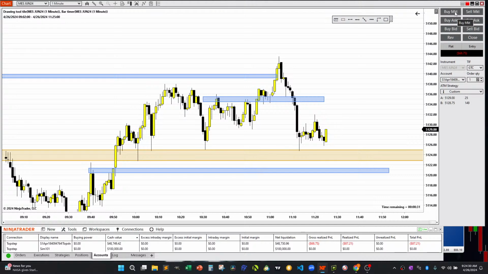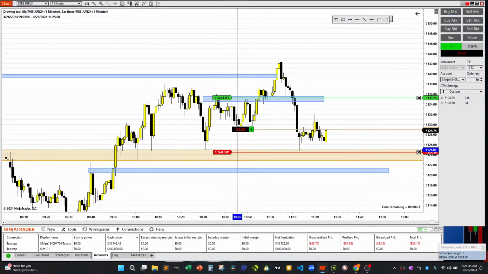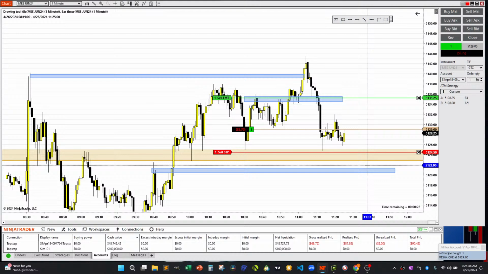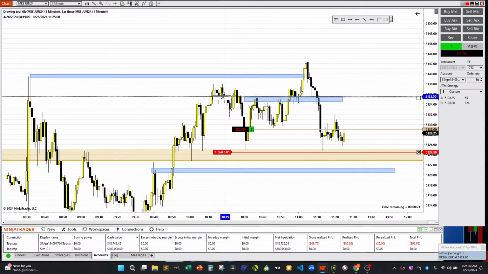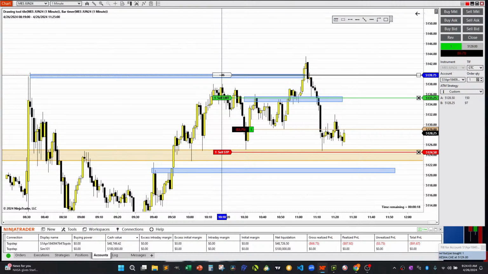Things are pretty well lined up for that long theory. Cover the low wick. Trying to go back to previous highs.